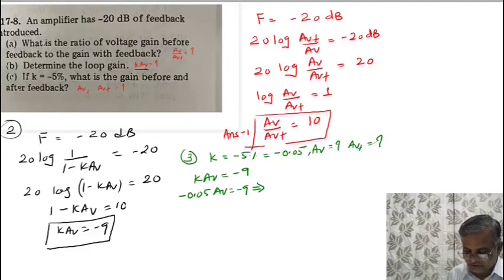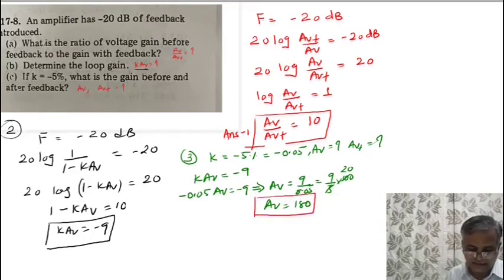From this you can find 9 upon 0.05. You can do the calculation: this is 9 upon 5 into 100, which is 20. So you can write the gain is 180.